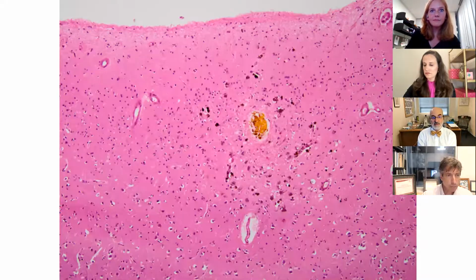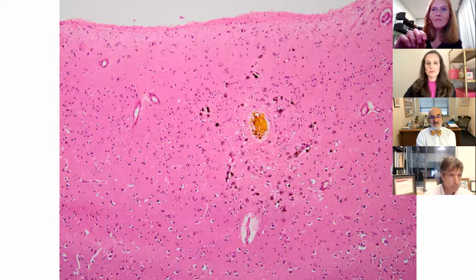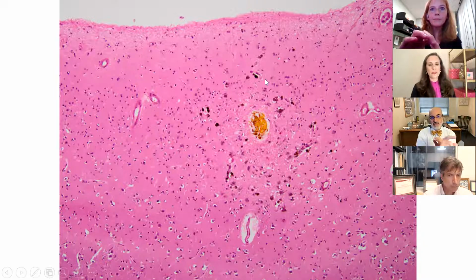If we go to the next slide, we've all had the experience of banging our shin on something and you end up with this black and blue mark. This is essentially the tiniest black and blue mark on the surface of the brain. Surface of the brain is right up at the top of the picture, okay? And then as Suzanne is highlighting, right in the middle is the vessel that broke.